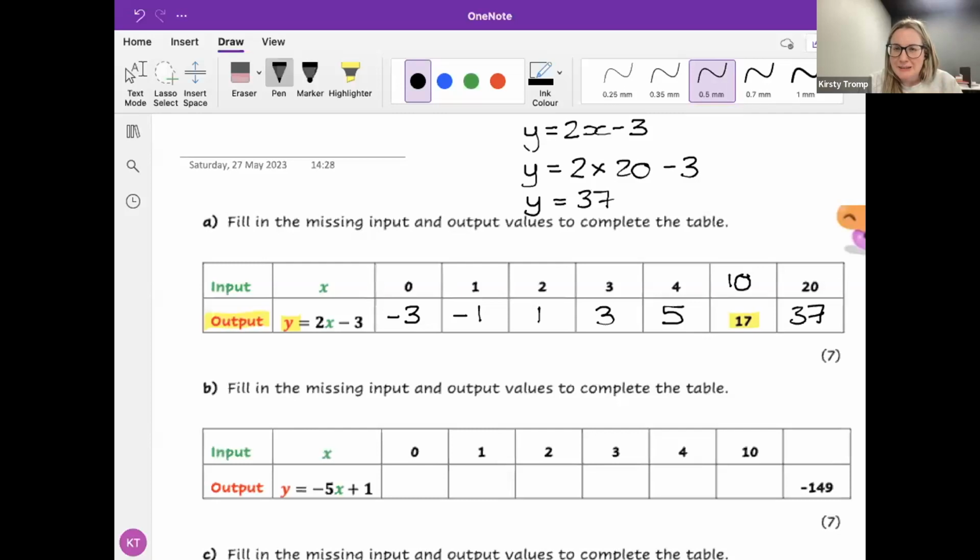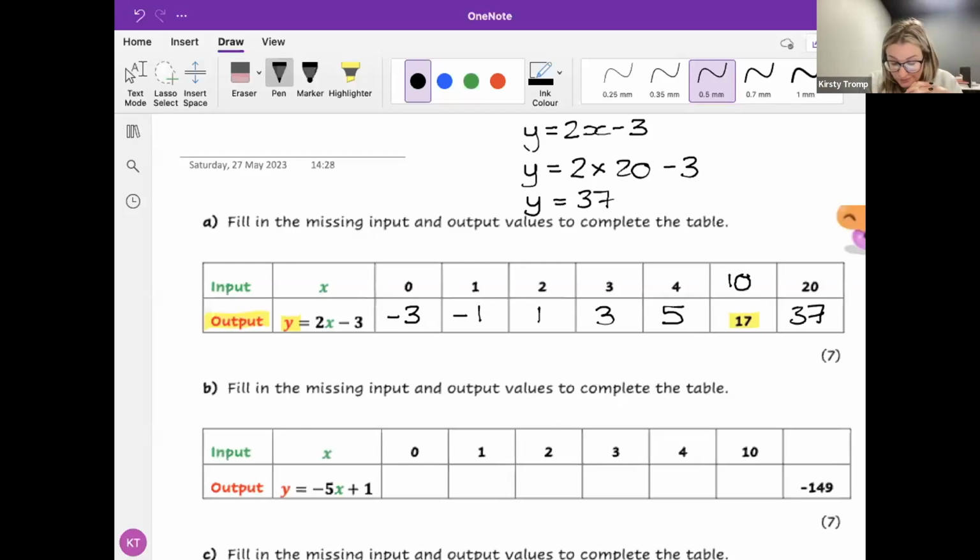Hi, ma'am, I just wanted to ask you, if you have the outputs, how do you get the inputs? So there's one way that you can do it. Either you can solve the equation, if you've learned how to do that in school already, that's fine. But the other way to do it is by a process of elimination.